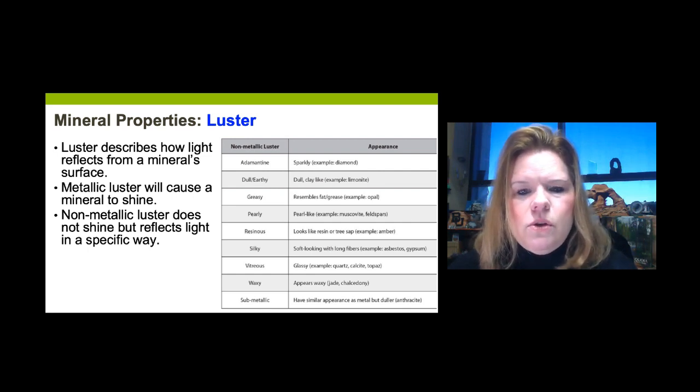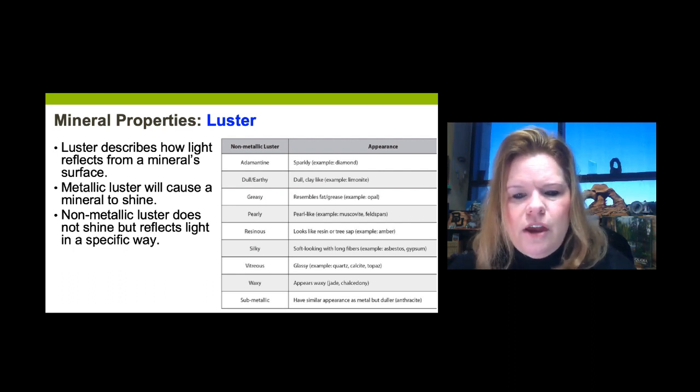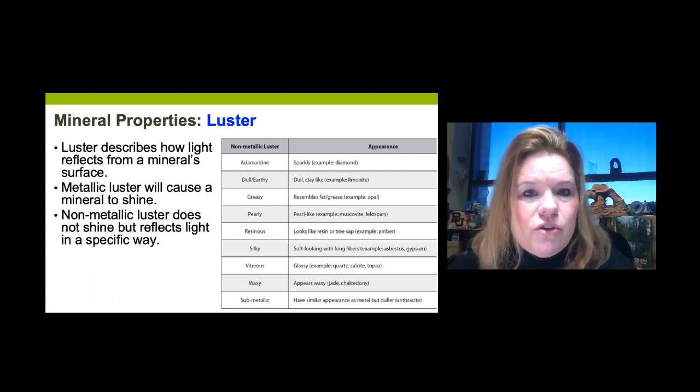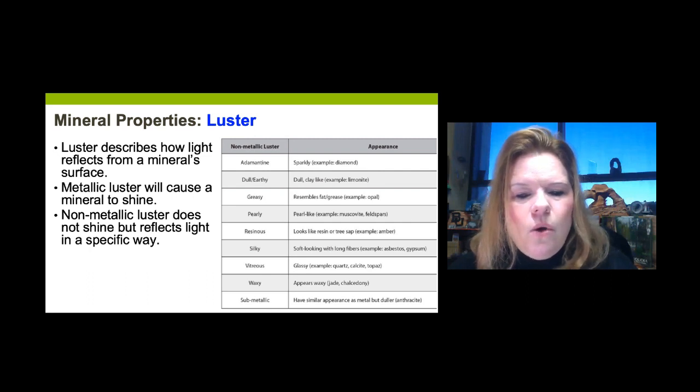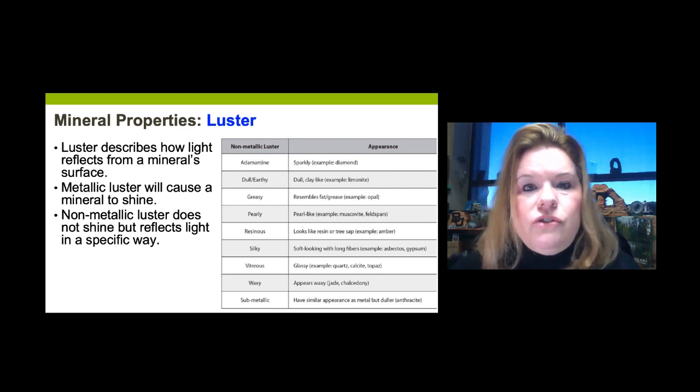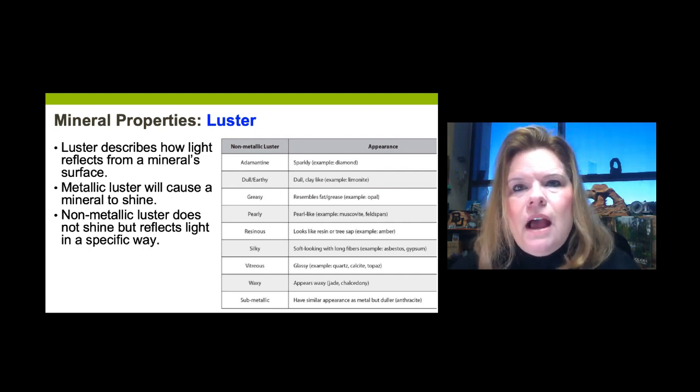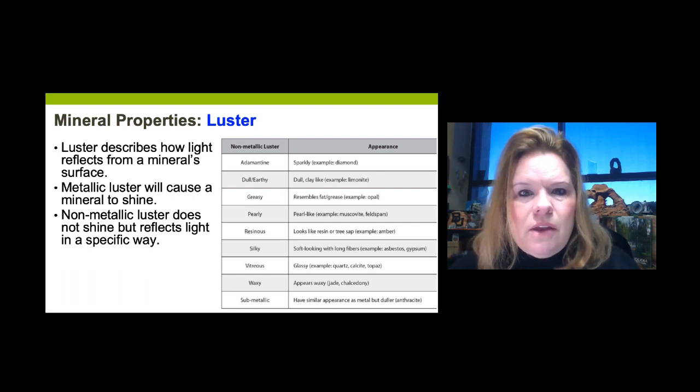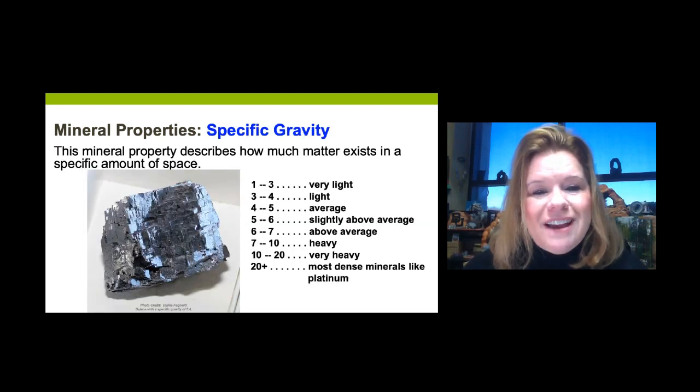It's a softer mineral. Some of them have vitreous, and so they are very glassy looking, but they're not shiny like a metal. Or they could have waxy, where they appear to have some kind of a coating on the outside. Jade looks that way. Certain forms of quartz can look that way. So all these various different types of luster are there to describe how non-metallic minerals reflect light.